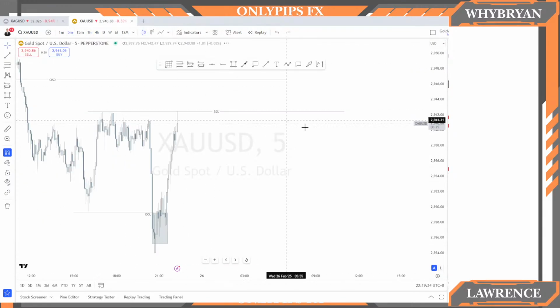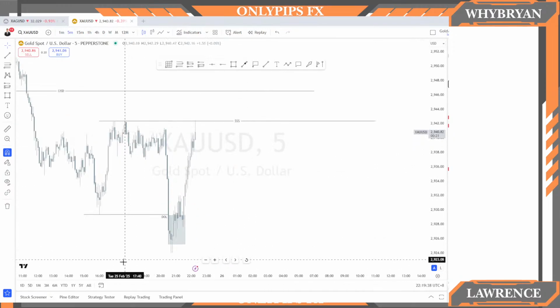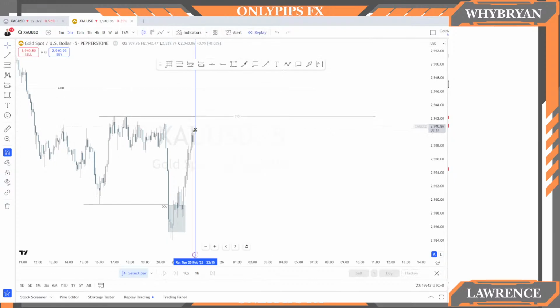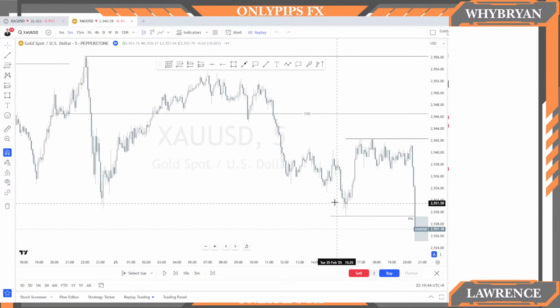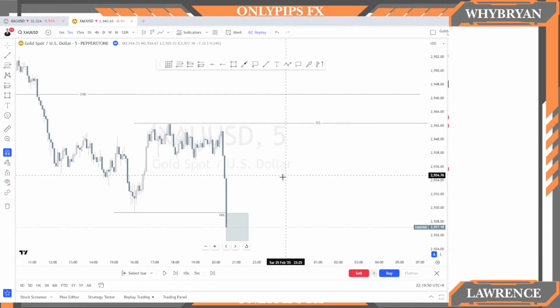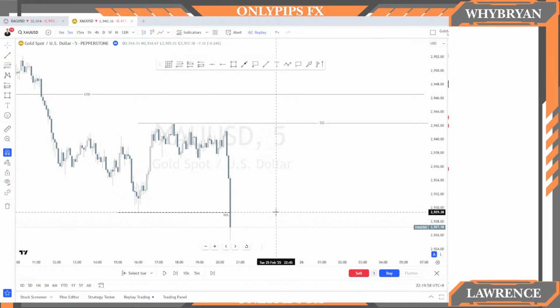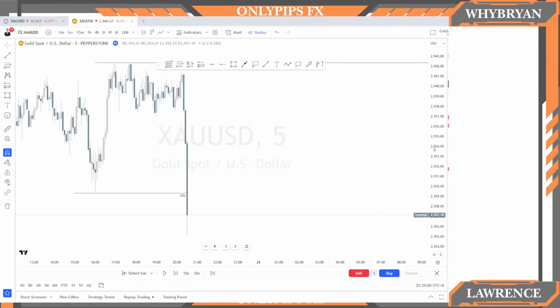So the narrative, how do we say it? For example, let me make a replay. From here, the price did take off a draw on liquidity, right? What does it tell? The price somehow is still closing below this draw on liquidity, which means the price has a very bearish momentum.